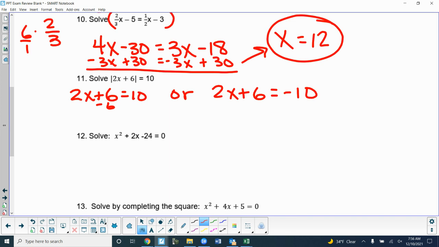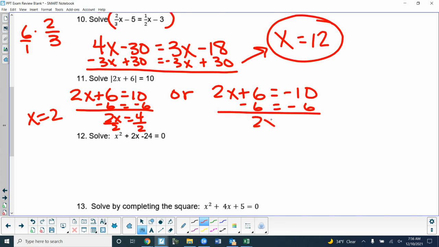I'm going to subtract 6, divide by 2. So one answer is 2. And here you're going to subtract 6 again, and divide by 2 again, and get negative 8. Oops. All right, so remember, some of you just forgot there were two problems there.